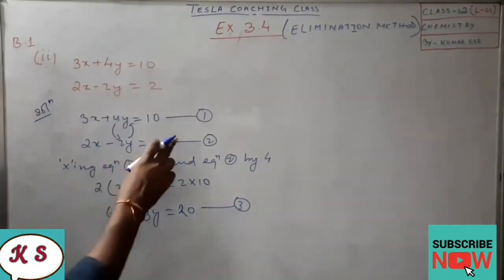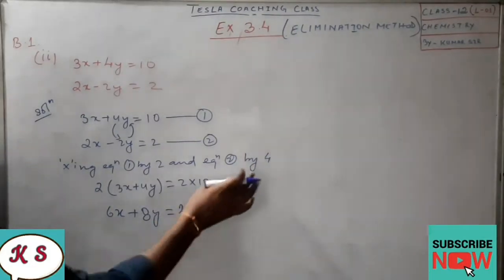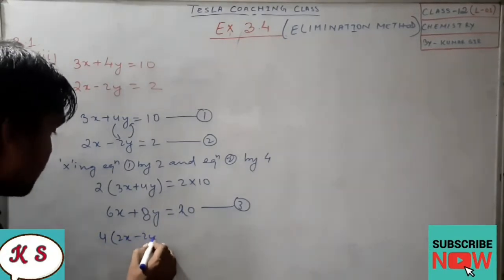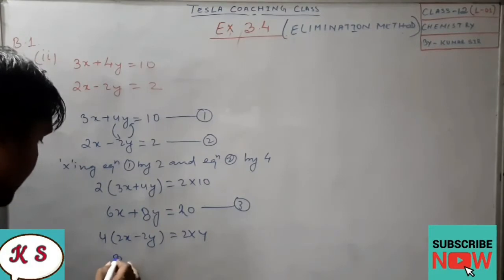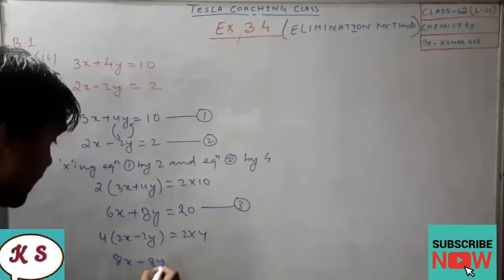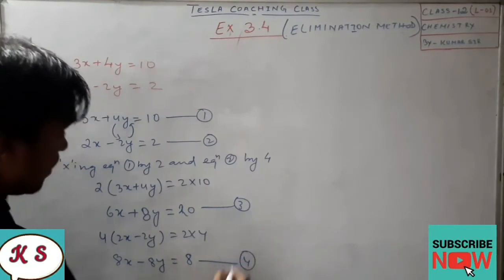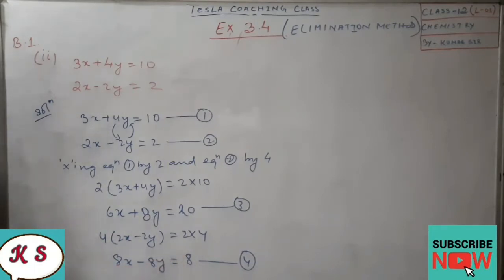Now we multiply equation 2 by 4. So it will be 4 times 2x minus 2y equal to 2 into 4, so it will be 8x minus 8y equal to 8. Equation number 4. As you can see, in equation number 3 there is plus 8y, and in equation number 4 we got minus 8y.